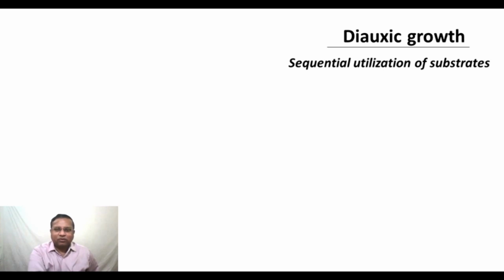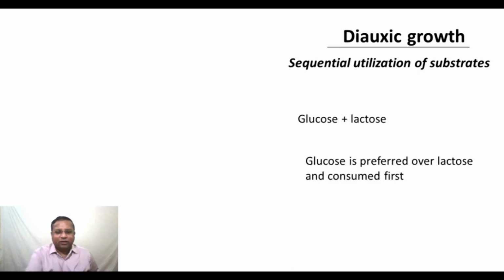Sometimes they call it diauxie, and so on and so forth, which essentially arises because of sequential utilization of substrates, one after the other. For example, if there is a mixture of glucose and lactose, let us say for a typical organism such as Escherichia coli, then glucose is preferred over lactose and consumed first.